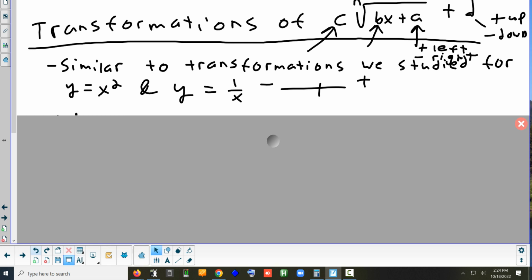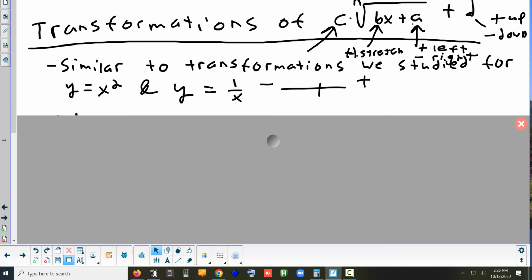B and C are stretches. A was a horizontal shift because it moved me left or right. B would be a horizontal stretch. Now C is still multiplication. There's no dot here, but pretend that it's multiplication.